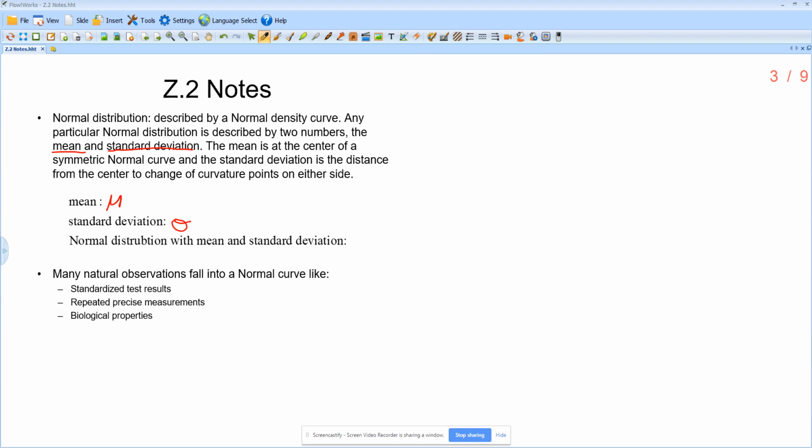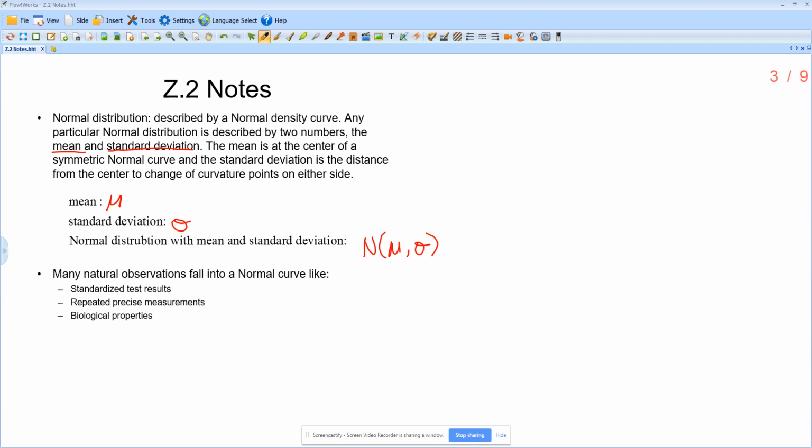If we want to note that we are working with a normal distribution with a given mean and a given standard deviation, it's written as N of mu and then the standard deviation. The N notes this is a normal distribution, the next number that follows is the mean, and then the standard deviation.